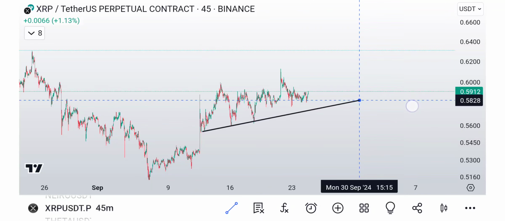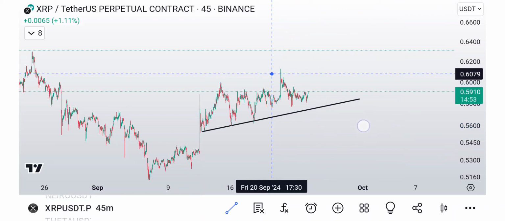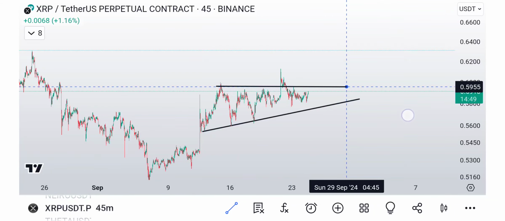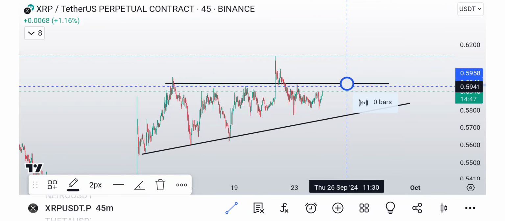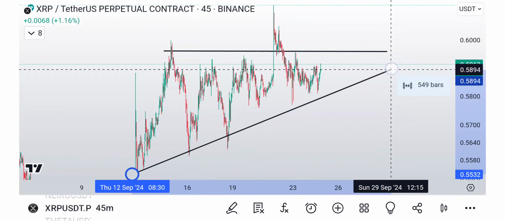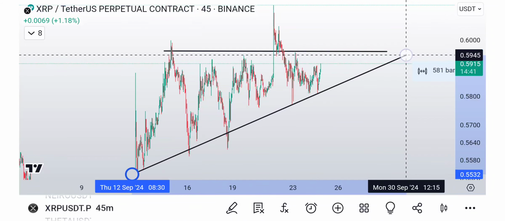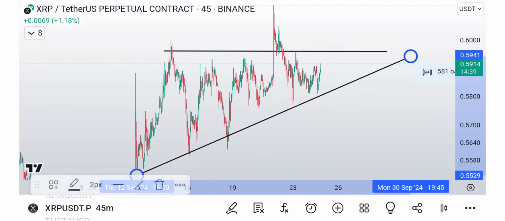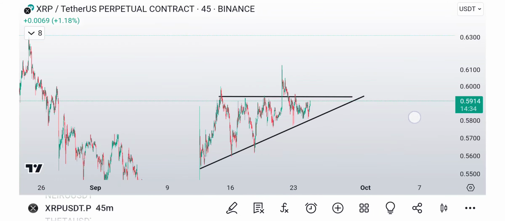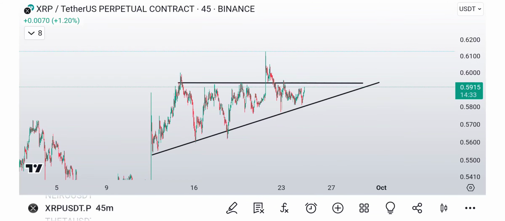If I draw this kind of like that, you could say that it's also a descending triangle that sort of broke the high a little bit too early. I can make it a little bit tighter right in there. So there we go. So yeah, I like the ascending triangle idea too.